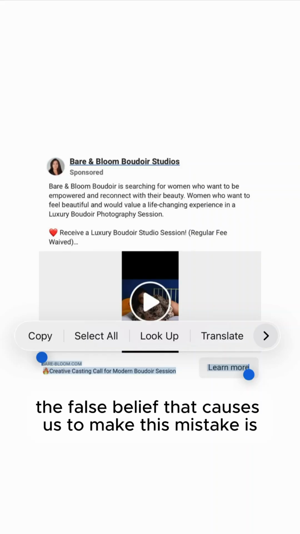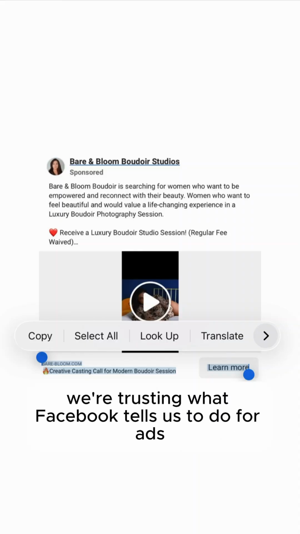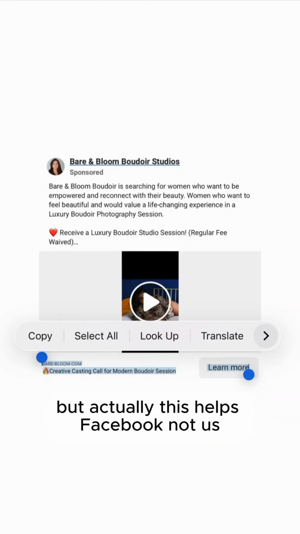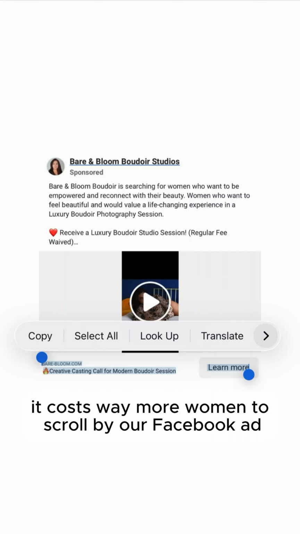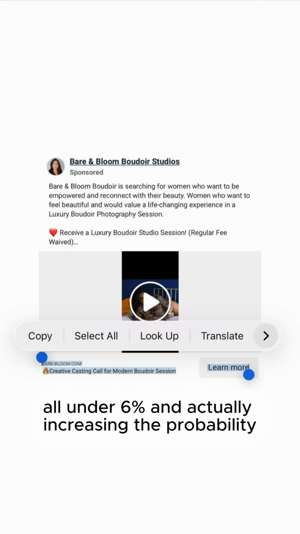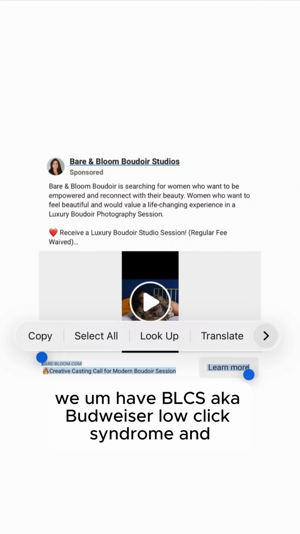The false belief that causes us to make this mistake is we're trusting that what Facebook tells us to do for our ad is actually what we should do, what we should fill out. But actually, this helps Facebook, not us. It actually hurts us. When we do this, it causes way more women to scroll by our Facebook ad than necessary, pulling unique CTR under 6% and increasing the probability we have BLCS, aka Boudoir low click syndrome.